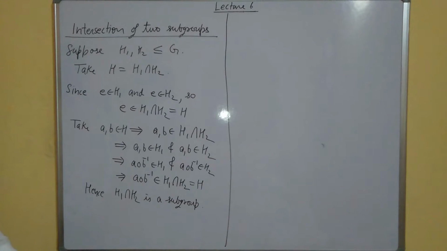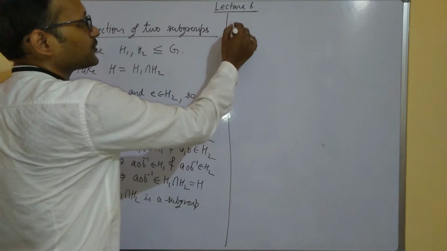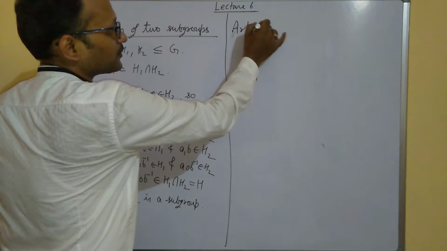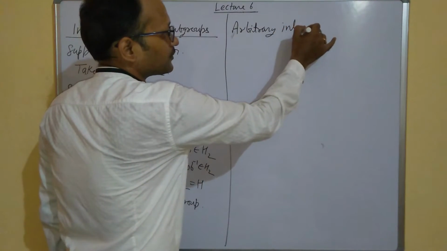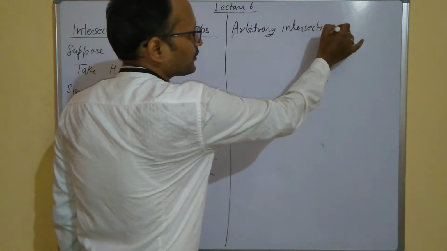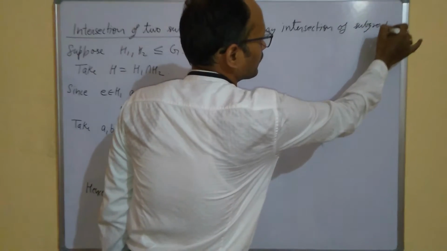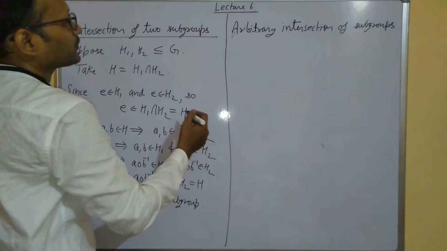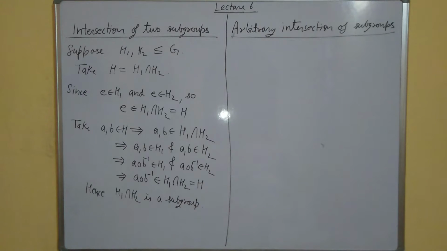Okay, now I want to say that if you take any number of subgroups and intersect them, you will get a subgroup. So I will write it as arbitrary intersection of subgroups. We will show that an arbitrary intersection of subgroups is a subgroup.